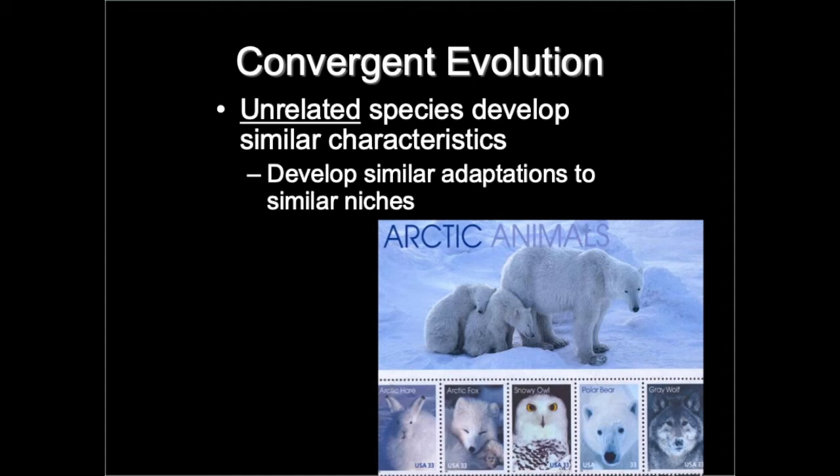And so being able to blend in with that snow would make predators more easily able to hide. It would make prey more easily able to avoid detection by predators. And so all of the animals in the picture are white, despite not sharing a common white ancestor. And so we have to be careful when we're looking for evolutionary relationships that we're taking into account that sometimes similarities don't come as a result of being related, but rather as a result of having a similar niche.